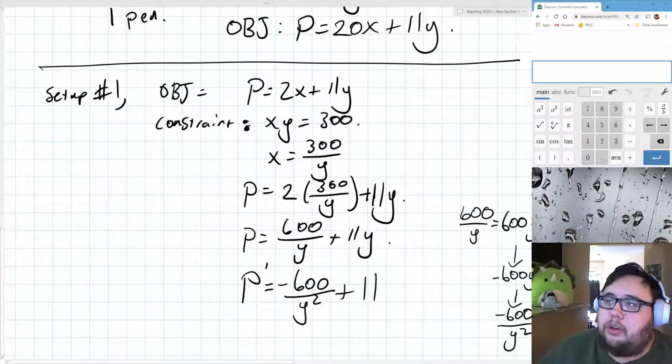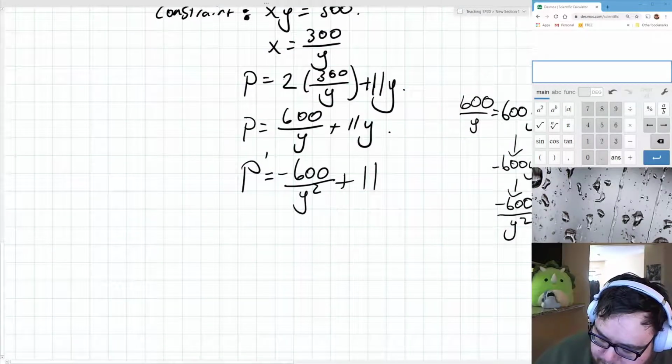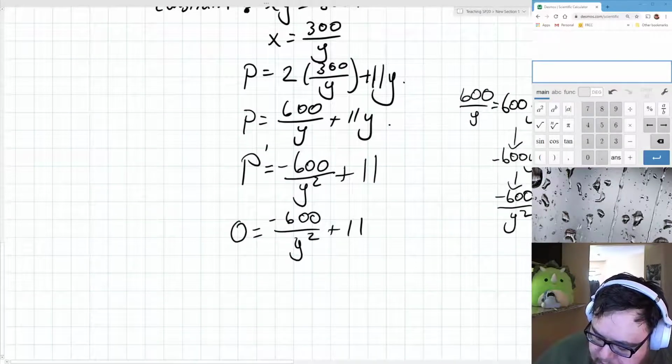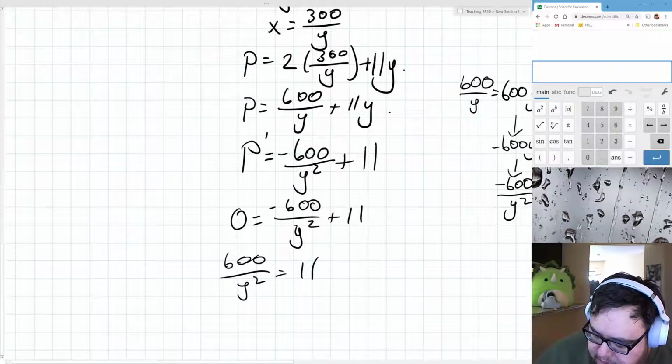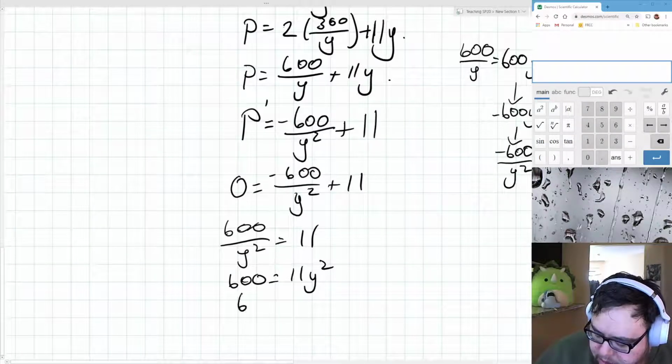And then we're going to find our critical point, right? So 0 is equal to negative 600 over y squared plus 11, which means that 600 over y squared is equal to 11, which means that 600 is equal to 11 y squared, and 600 over 11 is equal to y squared.